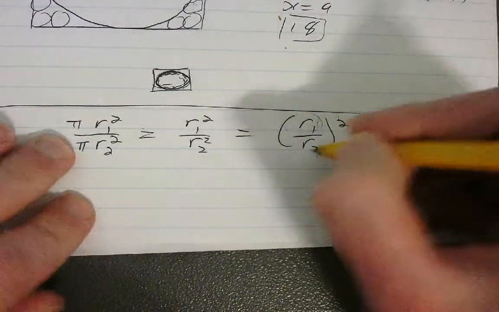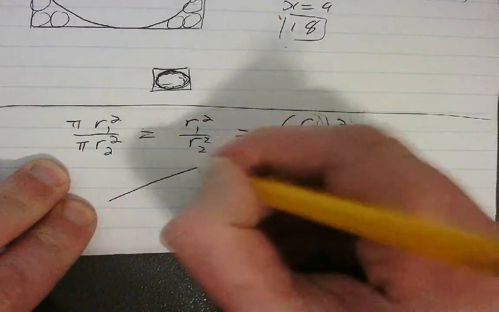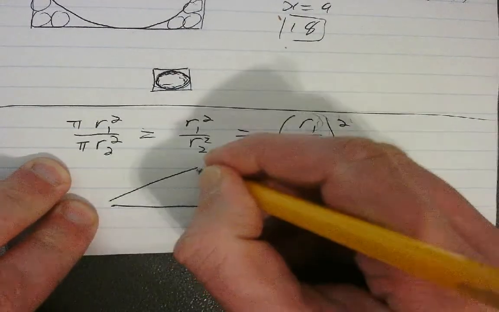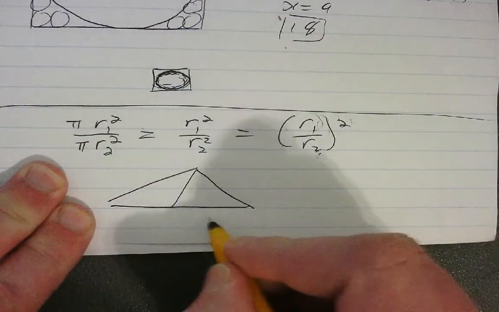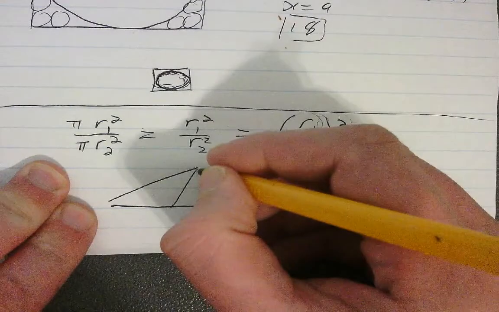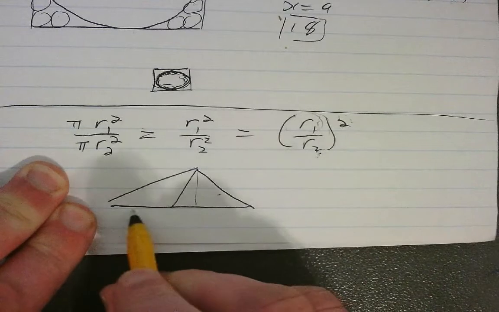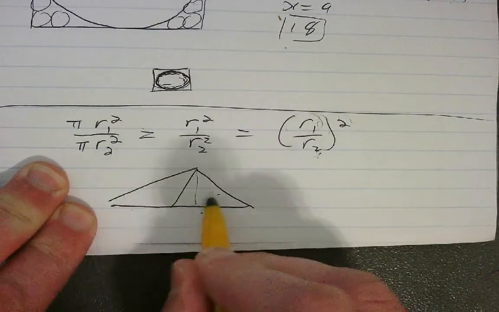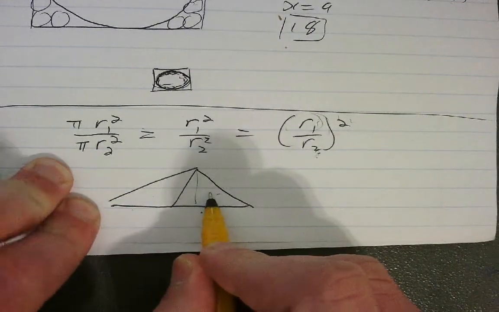One place ratios appear is this: if you've got two triangles with the same height and shared base, then the ratio of the bases is equal to the ratio of the areas of the triangles.